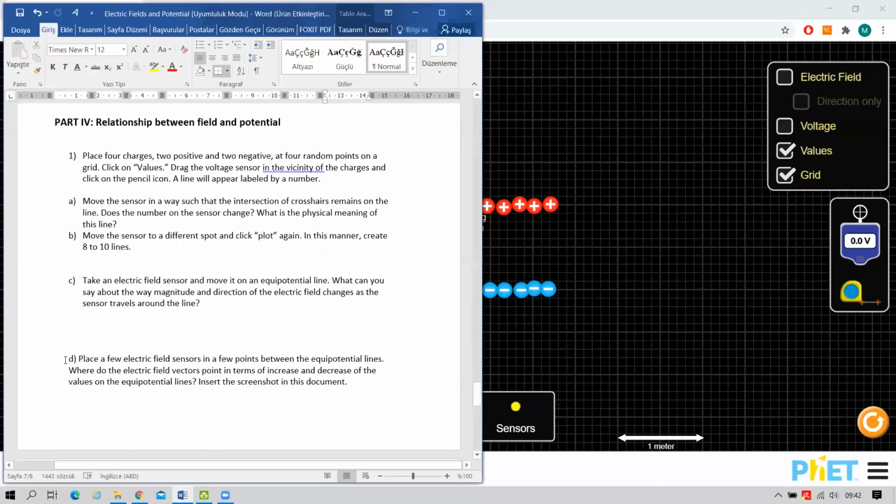Let's go on with the next item: place a few electric field sensors at a few points between the equipotential lines. Where do the electric field vectors point in terms of increase and decrease of the values on the equipotential lines? If you place the electric field sensors between the equipotential lines, you will see that they will always point in the direction of decreasing electric potential.